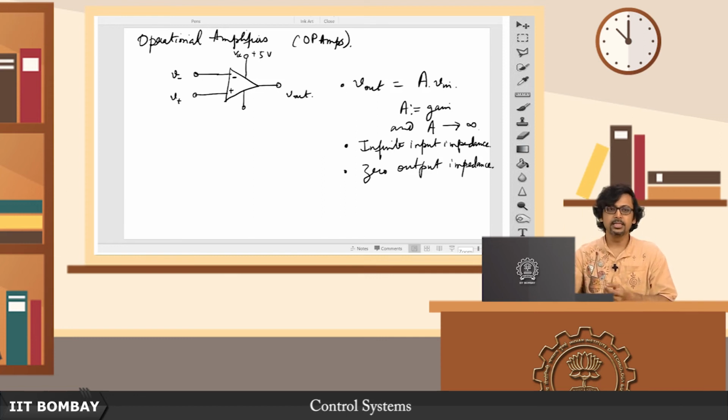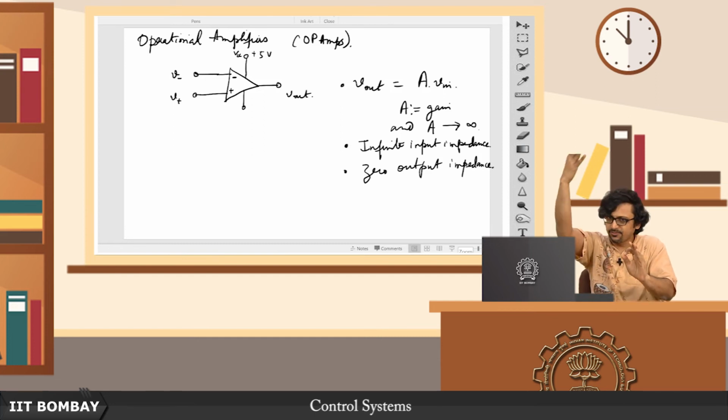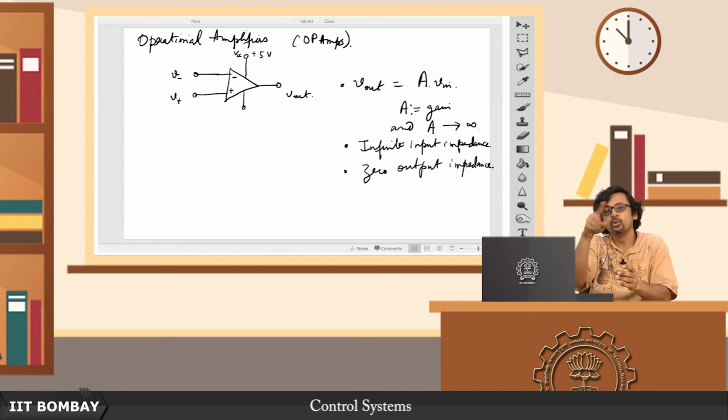Whatever voltage you give as an input to the op amp gets reflected at the output terminal, because the entire current gets bypassed through outside the op amp. Nothing gets drawn inside the op amp. So that is what these idealizations essentially mean.